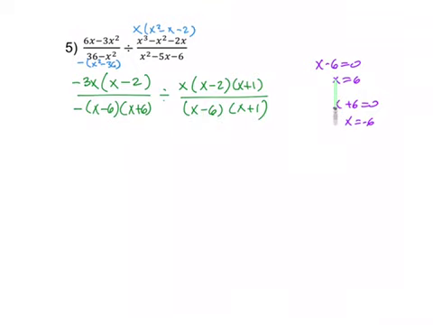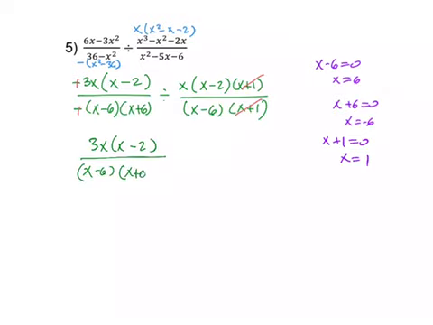This x minus 6 I already have here, so I don't have to do it again. x plus 1 equals 0, so x is not equal to negative 1. I'm going to start by simplifying anything that I can on each fraction. So I can simplify this one, and I can simplify those two negative signs right there. So I have 3x times (x - 2) divided by (x - 6)(x + 6).